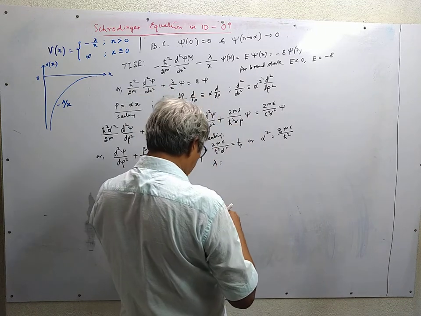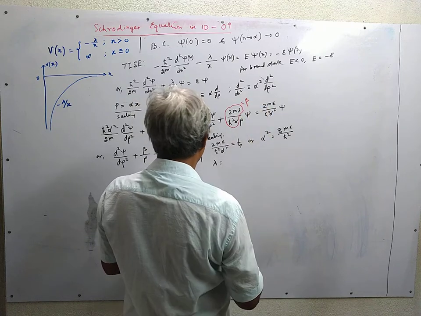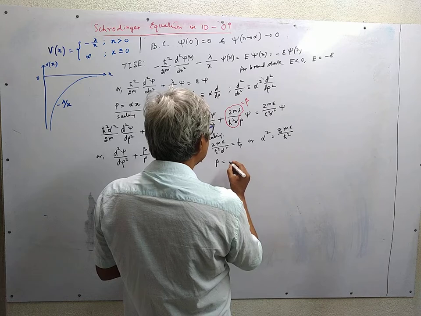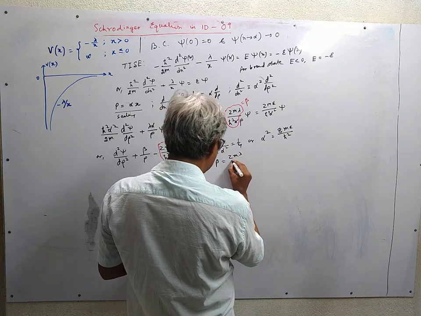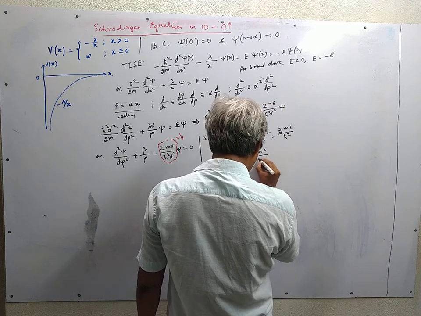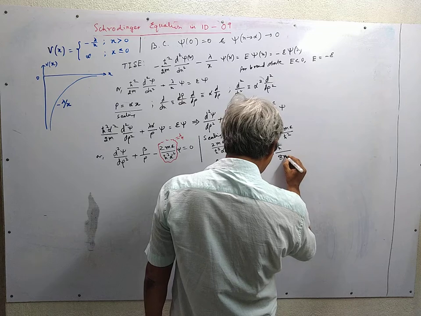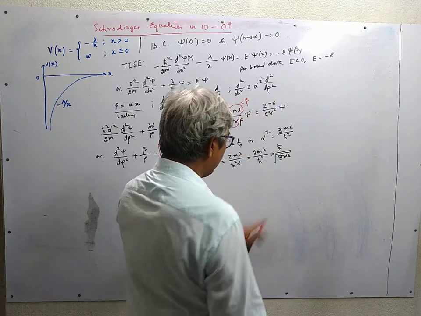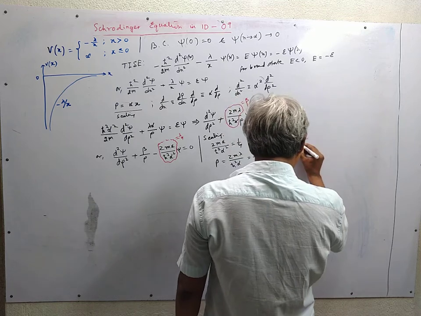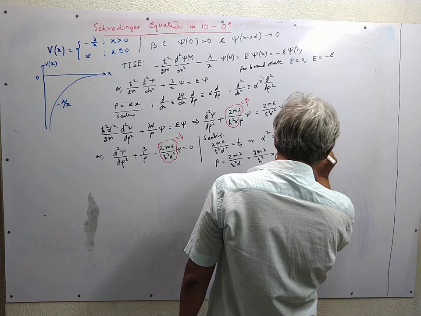And we have introduced beta. Beta is actually this factor, and so beta is equal to, if we use the value of alpha with the square root of epsilon, it will be 2 square root 2, so this cancels with 2, and we will have lambda by h bar, and this is square root of m by twice epsilon.